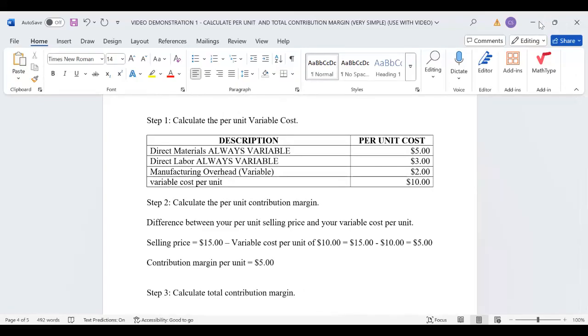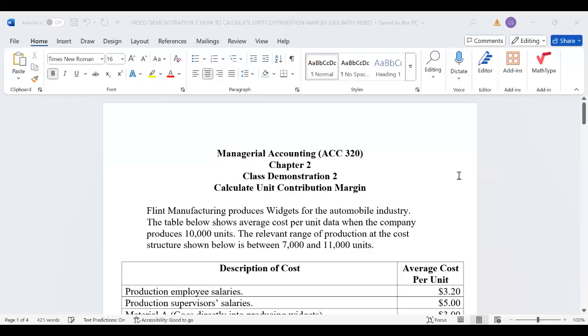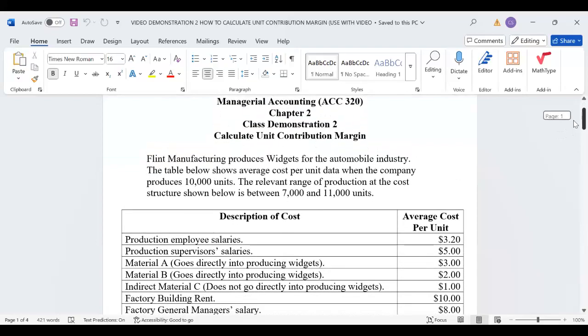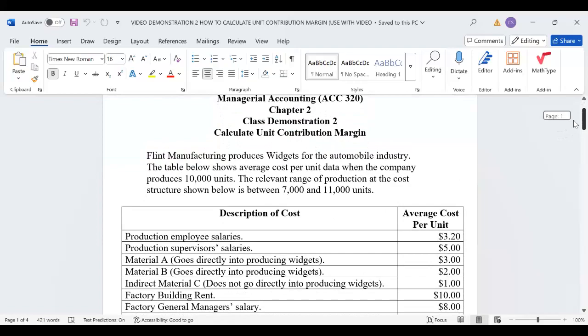Okay, now we're going to do a more complex one for per unit contribution margin. This is a more normal type of problem you're going to get in this class. So in this case, you have Flint Manufacturing Company, which produces for the automobile industry.